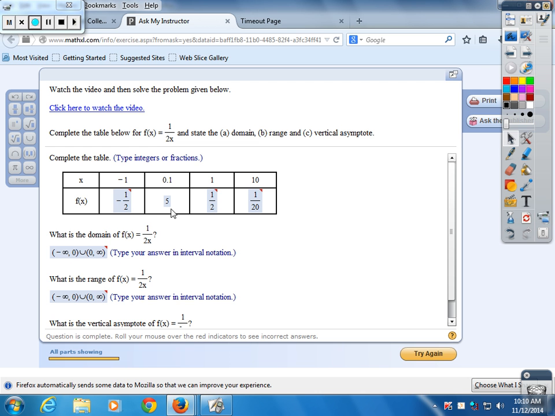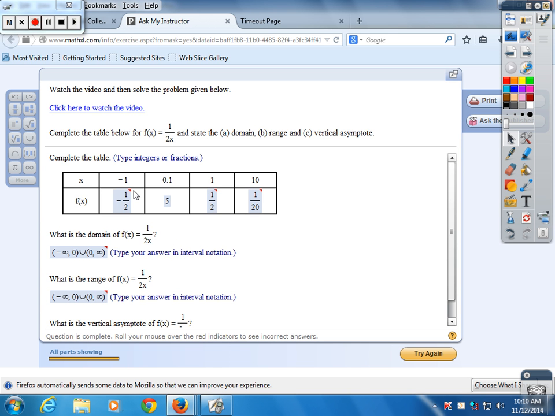That's my mistake. See, that could be taken if you did this test and you put -1, 0.1, 1, and 10. I would accept that answer because they do not specify. They're giving you 4 numbers and then they're asking you the domain. To me, they should say, what is the domain of the function from negative infinity to positive infinity?